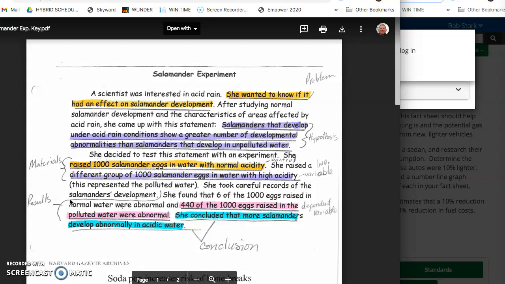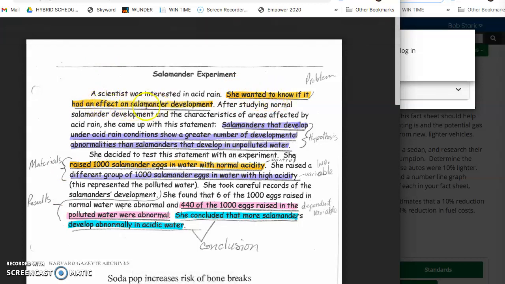We have identification of the problem. Okay, the problem is right here. She wanted to know if it had an effect on the salamander development, if acid rain affected it. Then she had a hypothesis, and the hypothesis is the educated guess. She said that salamanders that develop under acid rain conditions show a greater number of developmental abnormalities than salamanders that develop in unpolluted water.